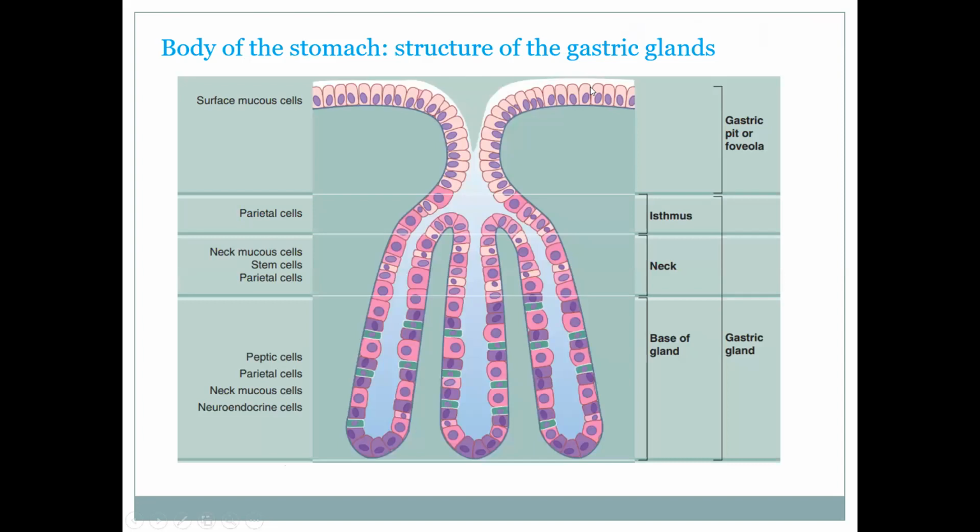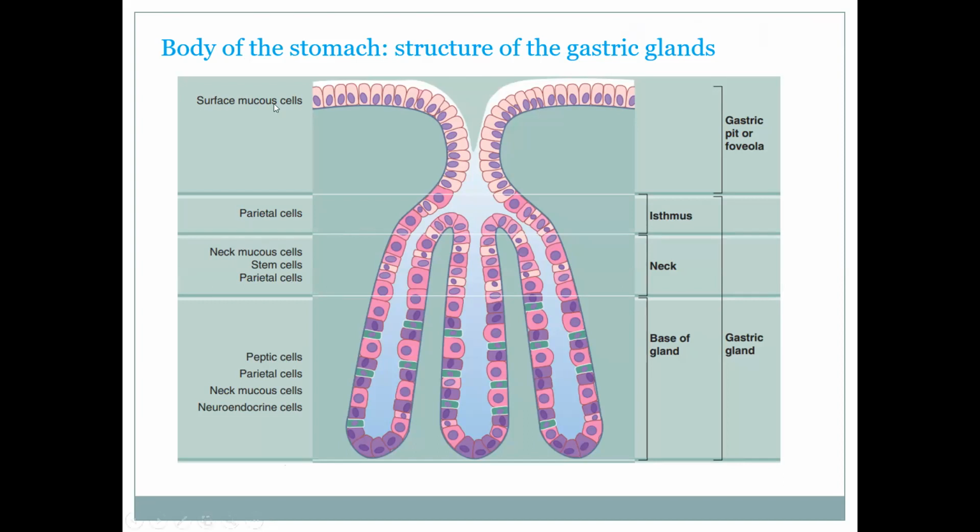In the body of the stomach, we can find gastric glands. In the gastric glands, there are several cell types. These gastric glands are straight tubular glands, and they synthesize and secrete gastric juice.